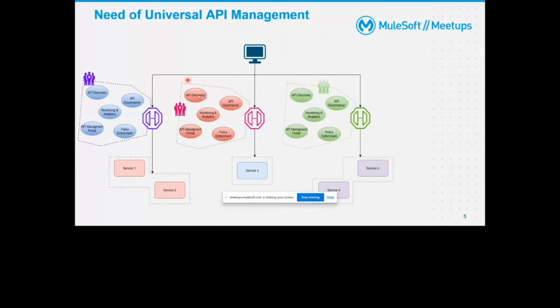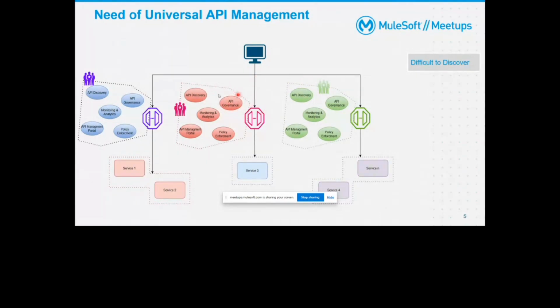One of the challenges is the discovery of the API. If the consumer of the application wants to see if any existing functionality is available, they have to go to different API management toolsets and try to understand whether that particular feature is available or not. If it's not available, they will raise a request with the business and the development or delivery team. So it's really difficult to discover, for consumers as well as internal teams.